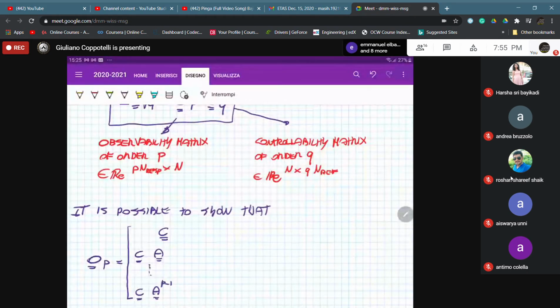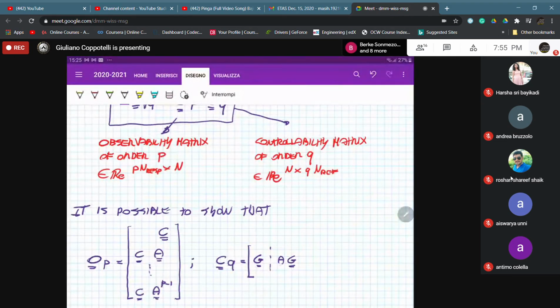And your controllability matrix CQ could be written as your G matrix, then A times G, up to the last submatrix A to the power of Q minus 1 times G.